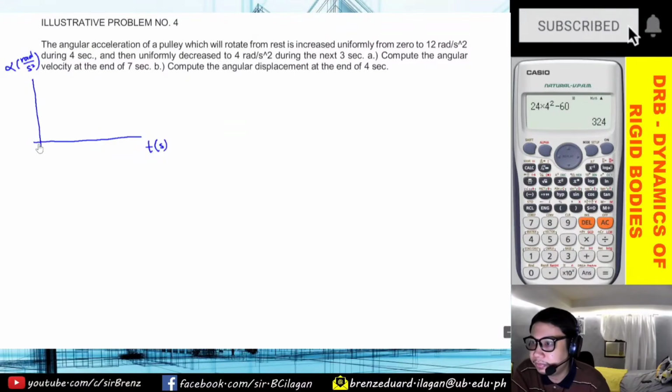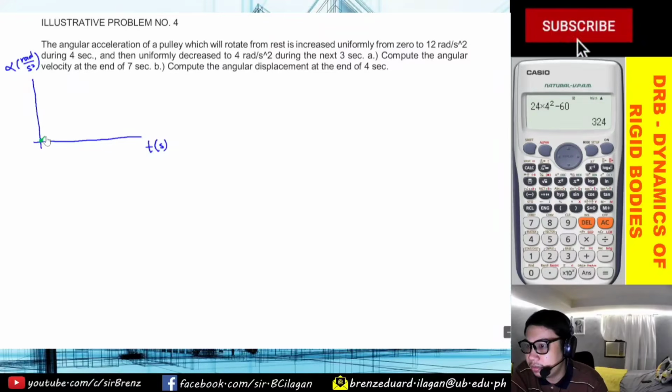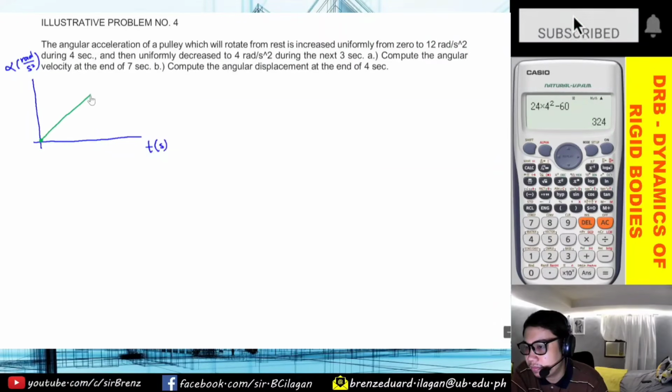Ano sabi? So, from 0 to 12 radian per second during the 4 seconds. So, from 0, increases uniformly to 12. Ayan. So, 12 radian per second.